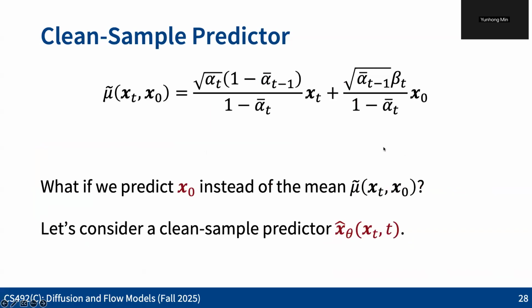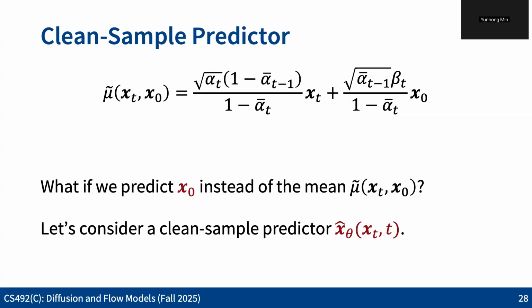So here, one more thing. I introduced the idea that we are predicting the mean of the reverse transition distribution, right? But we know the formulation of the mean, which is a function of xt and x0, right? So instead of directly predicting the mean here, we can consider predicting x0 given xt.